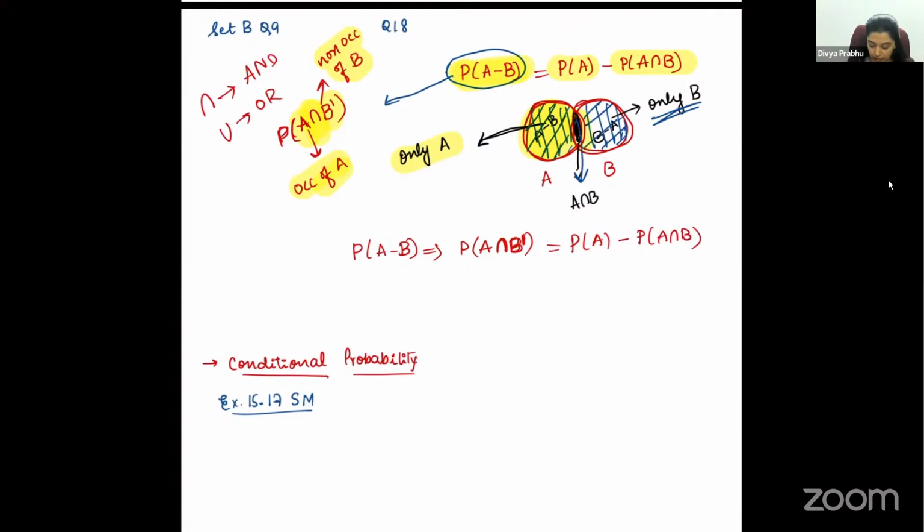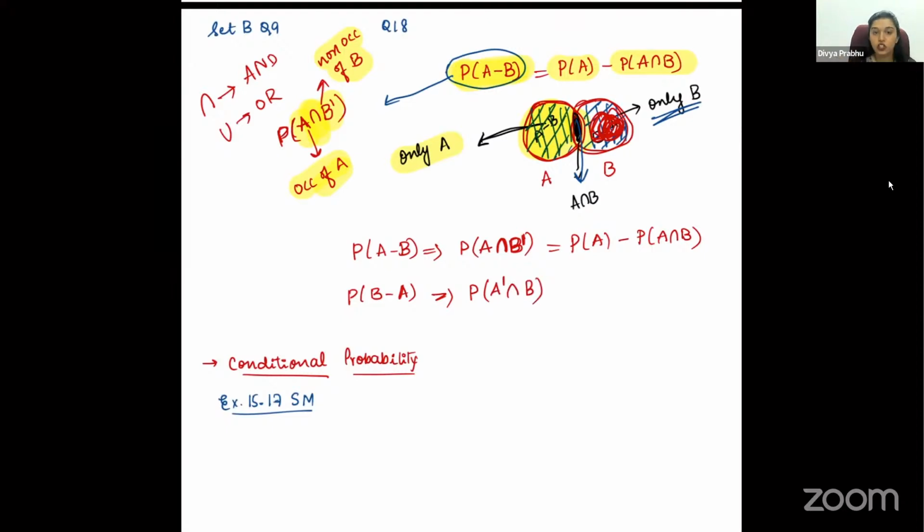Now similarly, if I ask you what is the probability of B minus A, which means probability of only B, this portion. Probability of only B. This will be written as probability of A will not occur and B will occur.